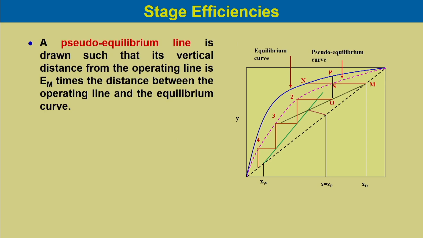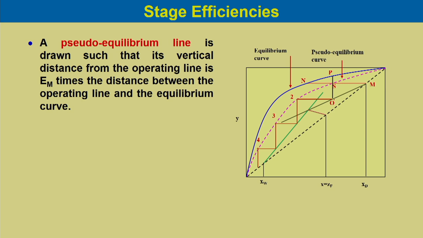In this case, what we used to do is draw a pseudo equilibrium line such that its vertical distance from the operating line is E_M times the distance between the operating line and the equilibrium line.